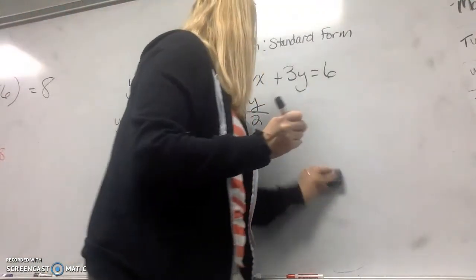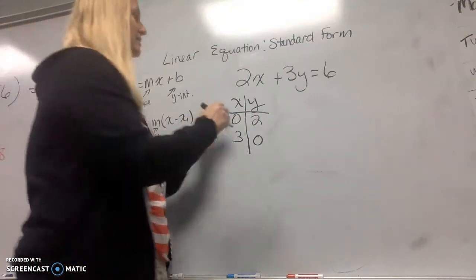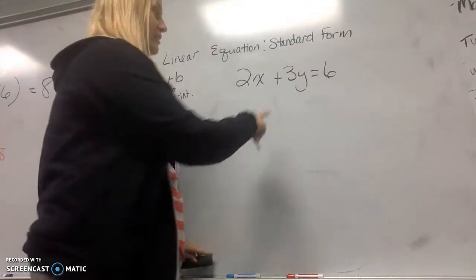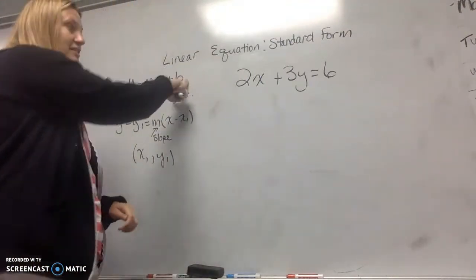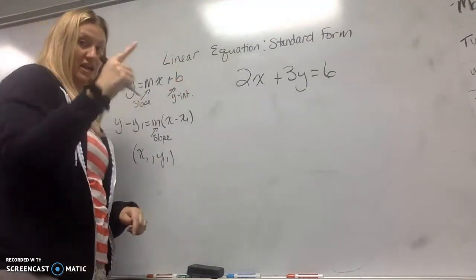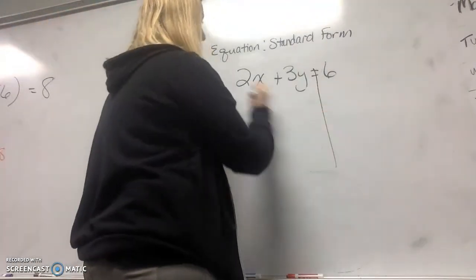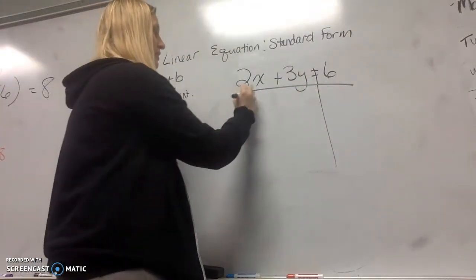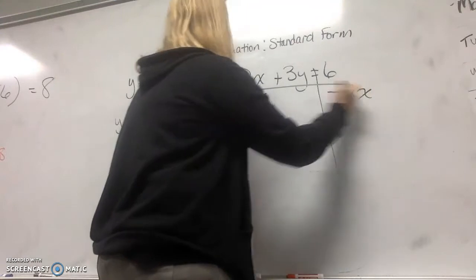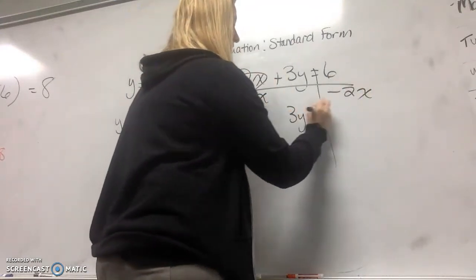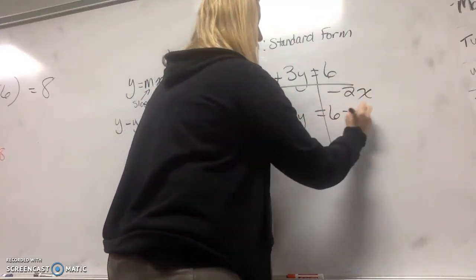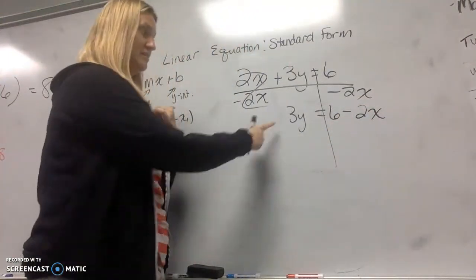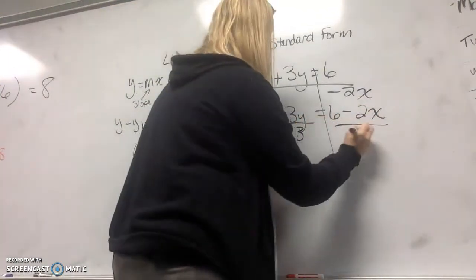My other option, if I didn't want to do this, is I could actually solve and put this in slope-intercept form, and then I could go ahead and graph it since we know how to do that. So to get it in slope-intercept form, I want y by itself. So I'm going to subtract 2x. Remember, these are not like terms, so you have 6 minus 2x. Now I'm going to divide by 3.